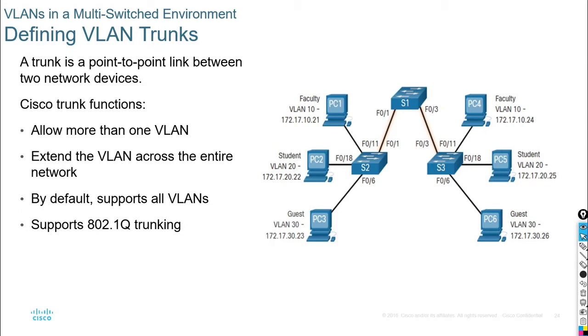A trunk is a point-to-point link between two devices that carries more than one VLAN. A VLAN trunk can extend VLANs across the entire network. For this purpose, Cisco supports IEEE 802.1Q trunking.